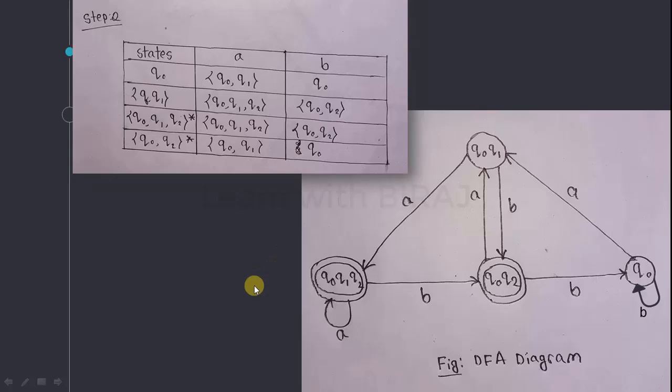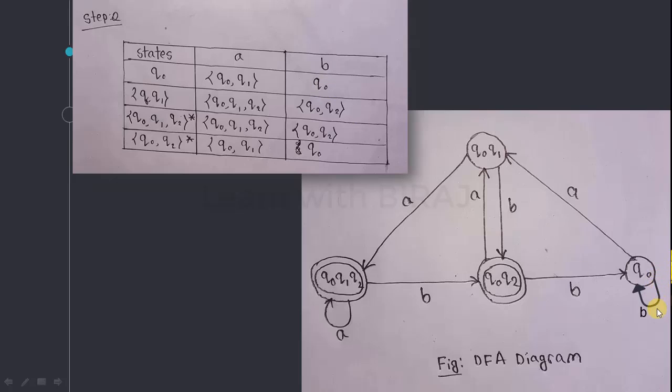In this slide, I draw the DFA diagram from this transition table. Here you can see those states are drawn in this DFA diagram. The first state Q0 with A input goes to the Q0, Q1 state, and Q0 with B input goes to itself, Q0.